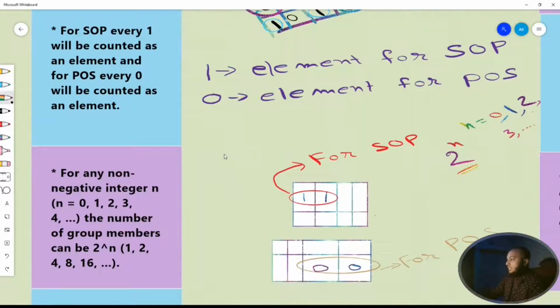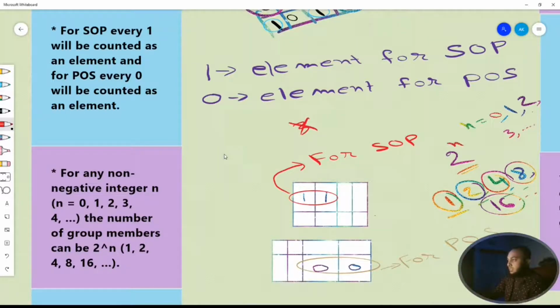That means we can have group members like 1, 2, 4, 8, 16 etc. We can't have any number of members other than these. For example, we can't form a group with only 3 members or 6 members or 12 members.